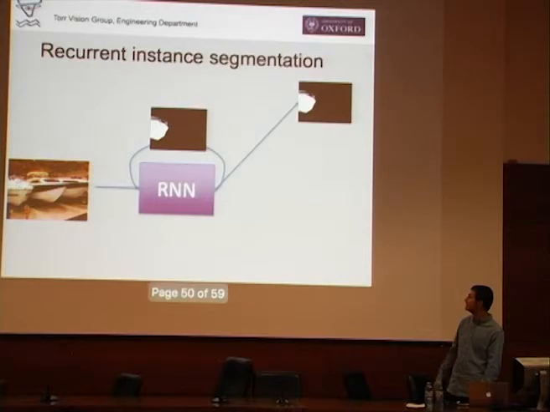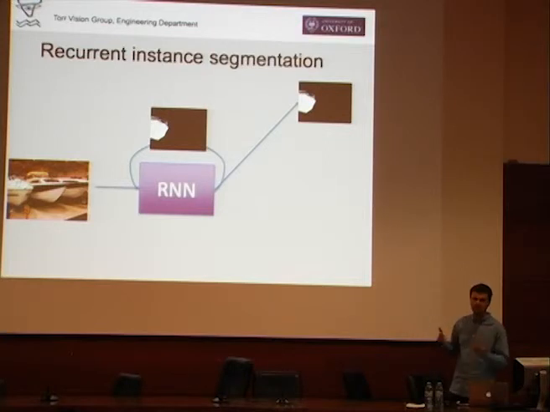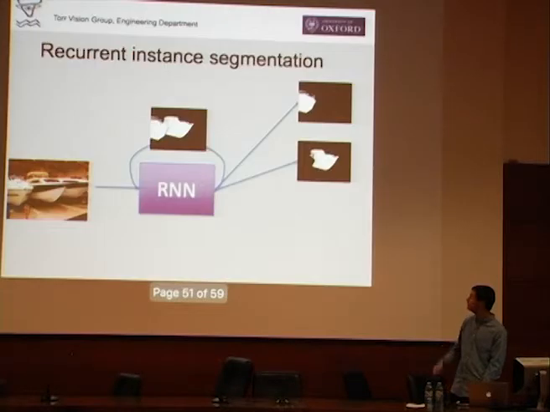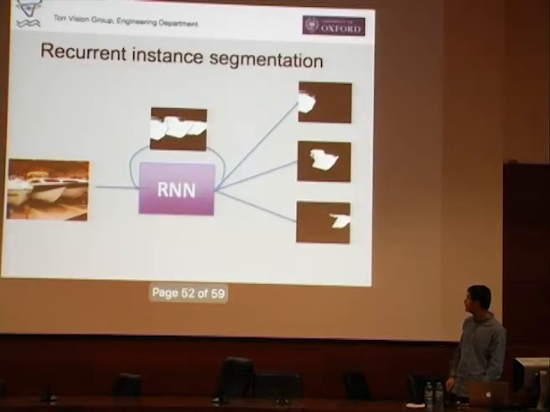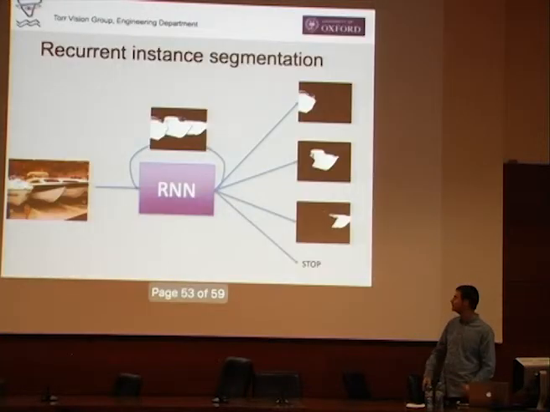Now, at time 1, the network segments one element, and then it should keep in memory what has been segmented so far, so that it doesn't count it again. At time 2, it does the same, segments another instance, keeps that in memory, and so on. Until eventually there are no more objects to segment, so the network says, okay, let's stop here.